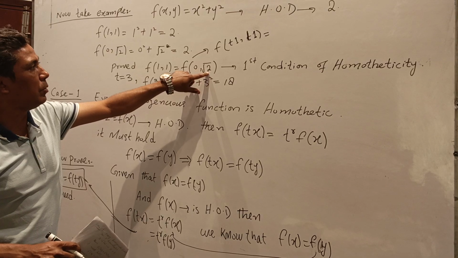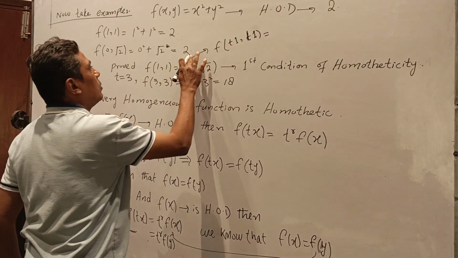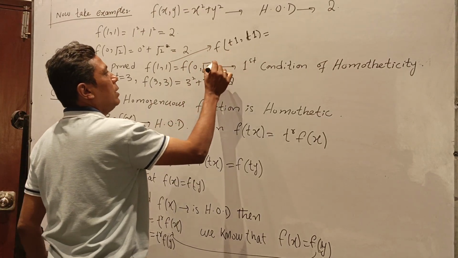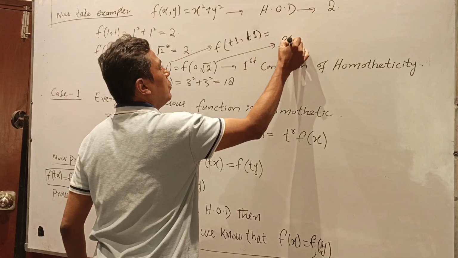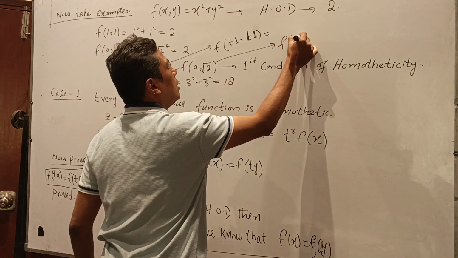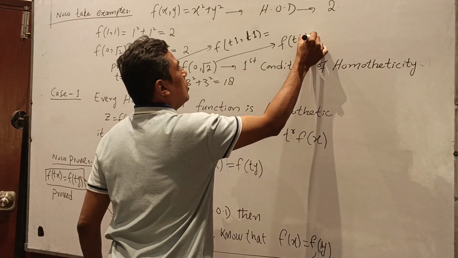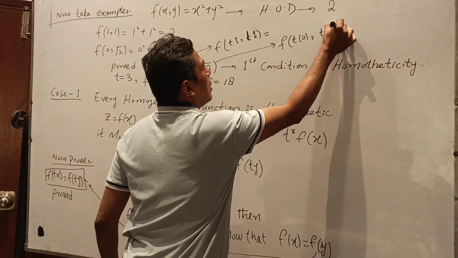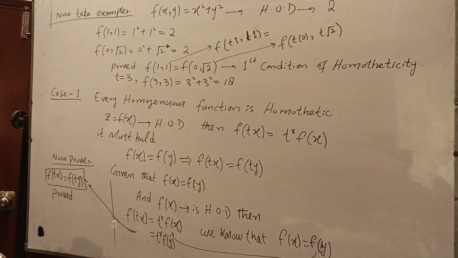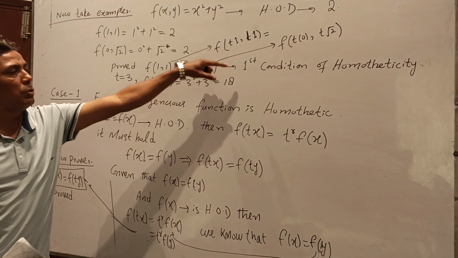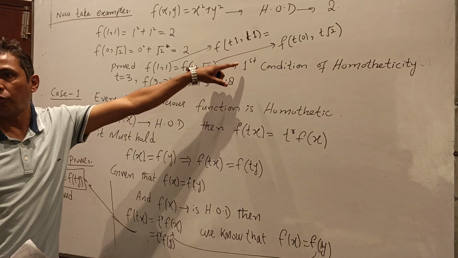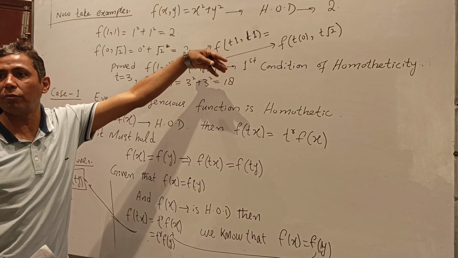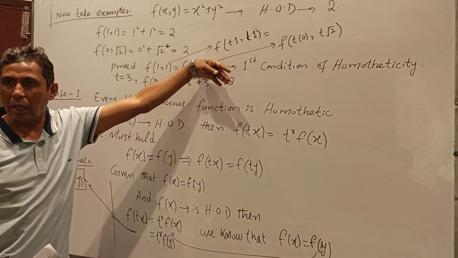Clear? So this is the scale, and what will be f of 0 and t times this? Both should be equal to each other. For homotheticity both should be equal to each other, lying on the same level set.